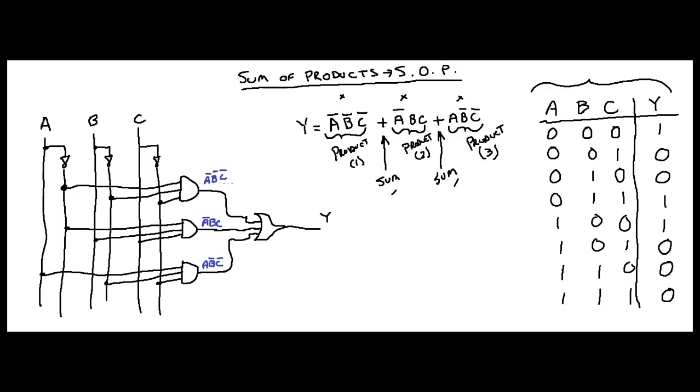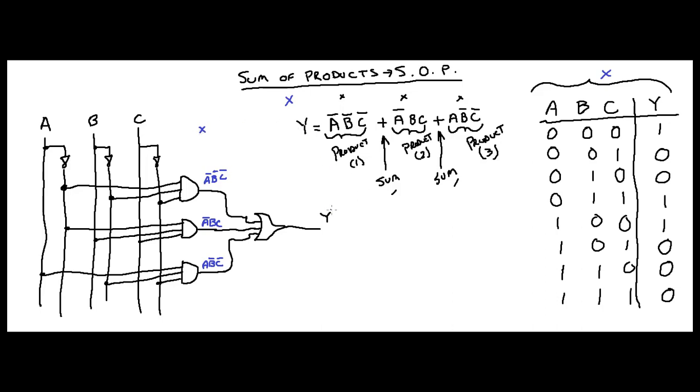So, if you notice, what we just did is we took a truth table, which is right here. Here's your truth table. We then came up with an expression for it, for when Y equals 1. Then based off of this expression, we then came up with a circuit, which is right over here.